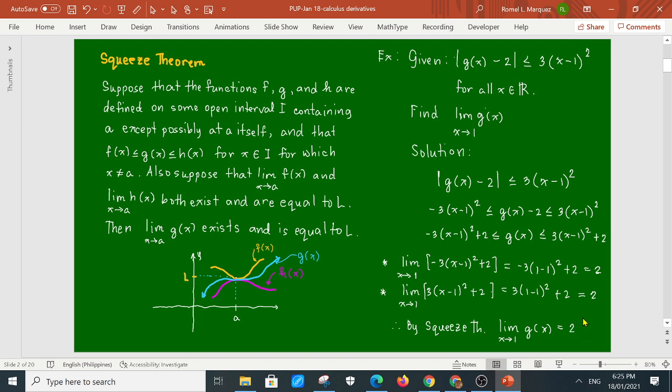So it is being sandwiched there, no? So it has no choice but to take this number as the limit. Is that clear, guys? Do you have any question, guys, with that?